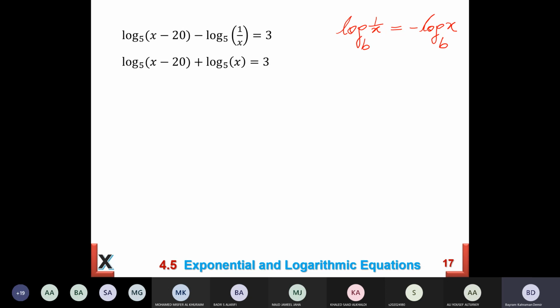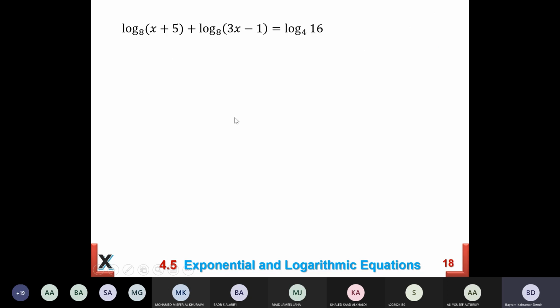So we get logarithm of 5x minus logarithm of x minus 20 with base 5 plus logarithm of x with base 5 equals 3. Of course, a sum of the logarithms is going to be the logarithm of multiplication, right? We need to multiply the arguments. So x times x minus 20 will be x squared minus 20x equals 3.